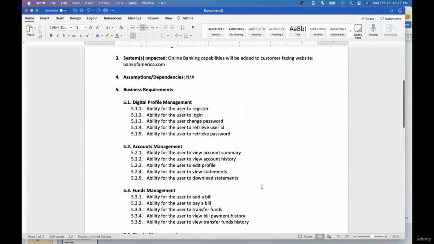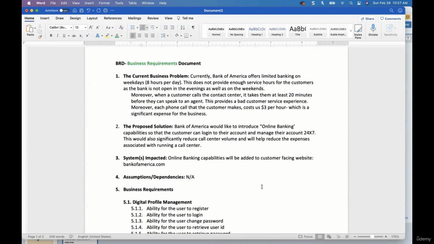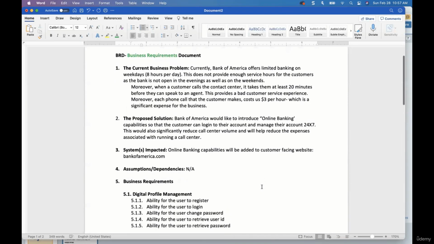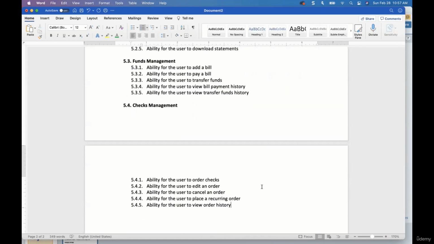So this is your complete BRD. It's not that lengthy, but it's the most important document.